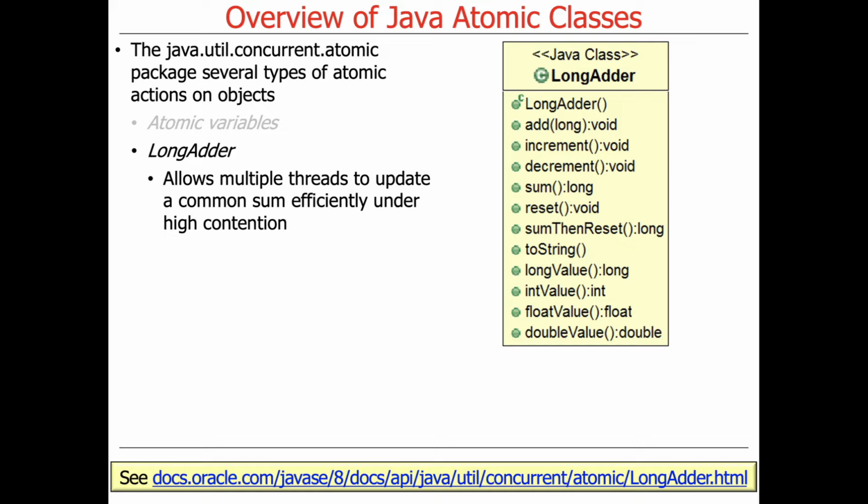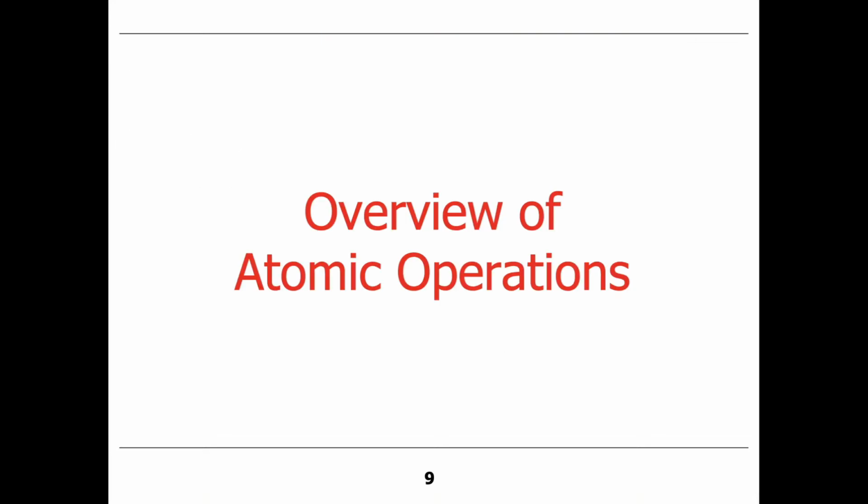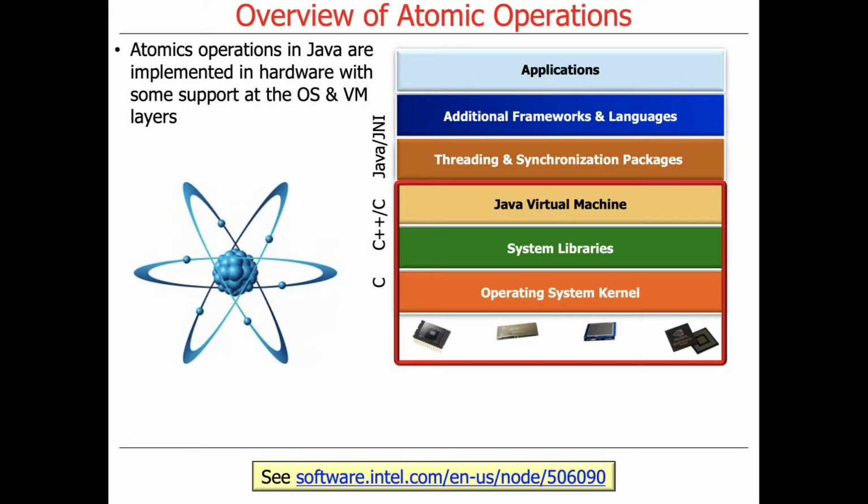It allows multiple threads to update a common sum efficiently under high contention. So think of some kind of multi-threaded web server that needs to update counts of hits for various pages. This is a way of being able to do that efficiently. Like I said, we're not going to spend much time on long adder, but I want you to be aware that it exists. So let's now talk about atomic operations.